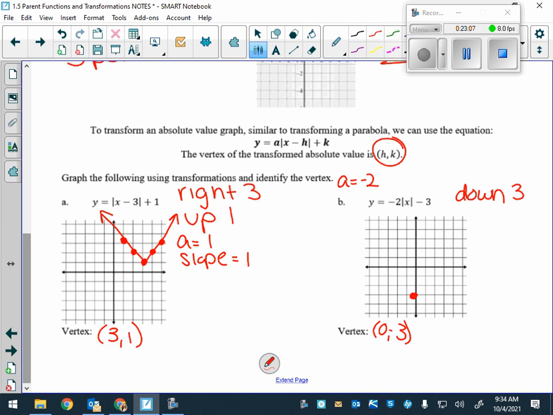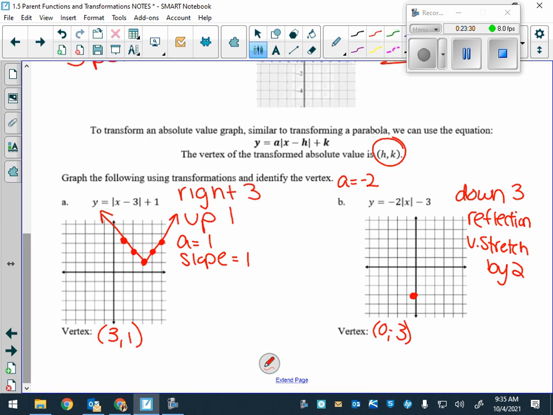So what is happening to this graph? What's one transformation happening? Tommy? Reflection, because it's negative. And what else? Yeah, Eleanor. Vertical stretch. Okay.